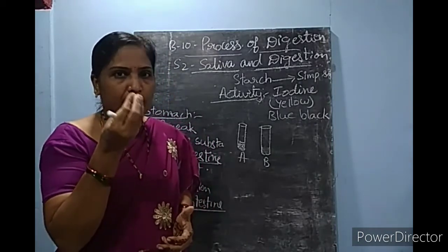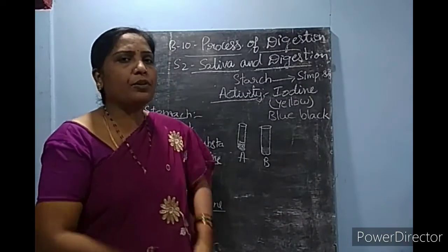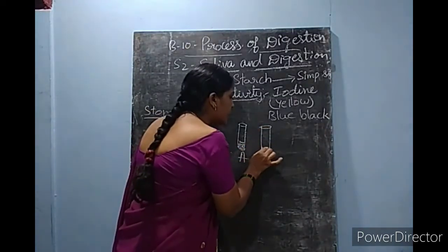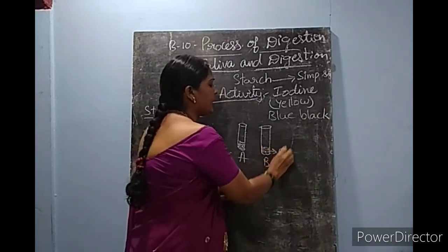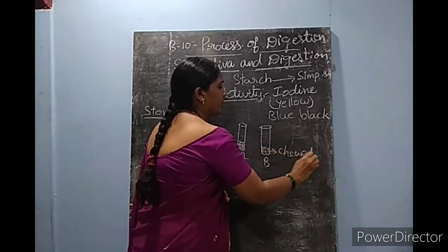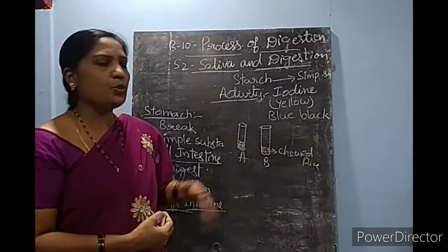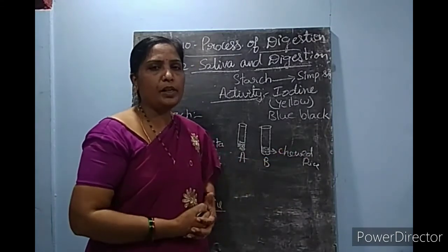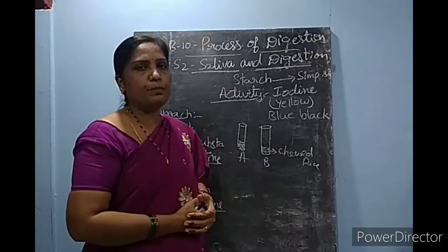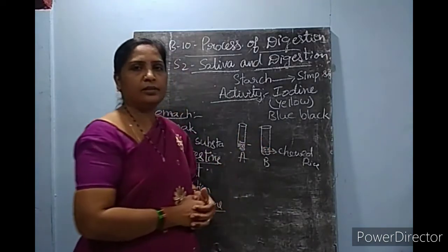Chew a little rice well and take the chewed rice into this test tube. Without chewing, you have taken rice in test tube A. By chewing properly, you took rice in test tube B. In both of them add a little water.